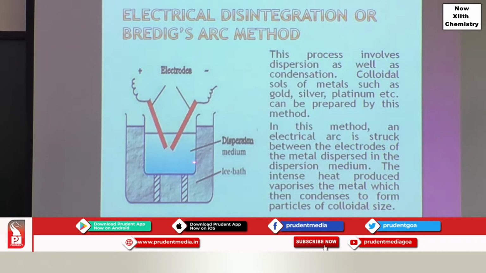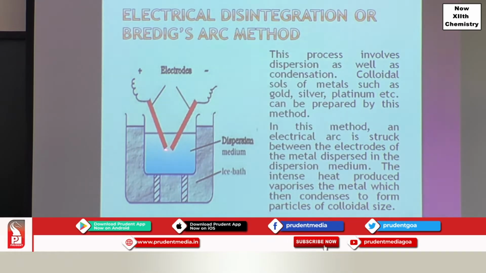In this particular beaker, there is a suitable dispersion medium, and this dispersion medium is given a chilling effect from outside. So, when the electricity is supplied to both these platinum electrodes, heat will be generated and an electric arc will be struck here somewhere, and this electric arc is going to produce a large amount of heat.